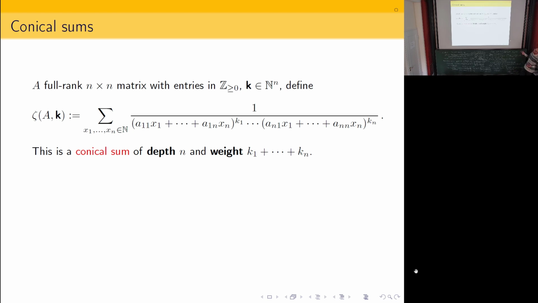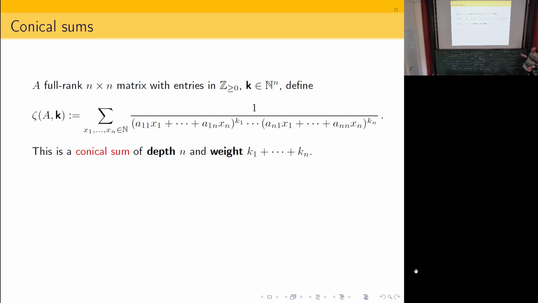So this may not be convergent. I'm just calling conical sums the ones for which this series is absolutely convergent. And I want to assign a name to n, I call it the depth, and the weight, because they behave very much like those of multiple zeta values.